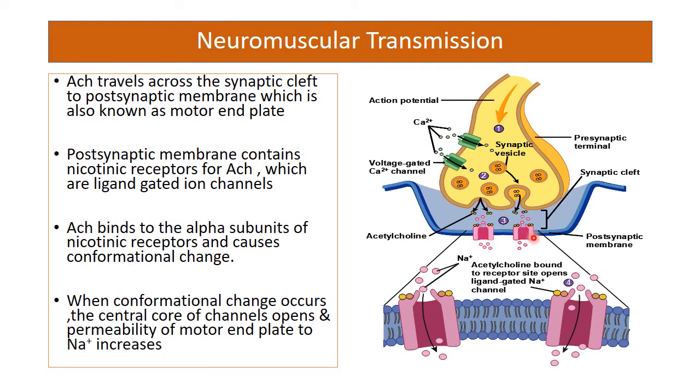You know, these receptors are ligand gated, acetylcholine gated channels. You can see this is a closer look. These receptors or channels are made up of a protein complex of 5 subunits: 2 alpha, 1 beta, 1 delta and 1 gamma.